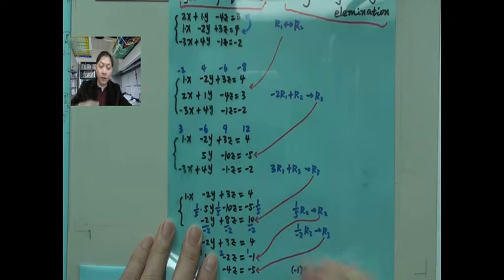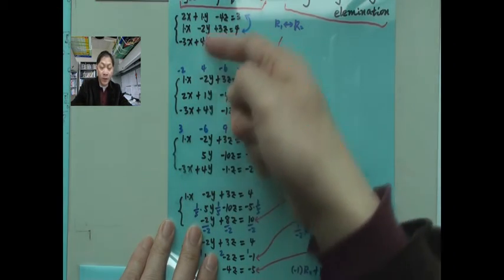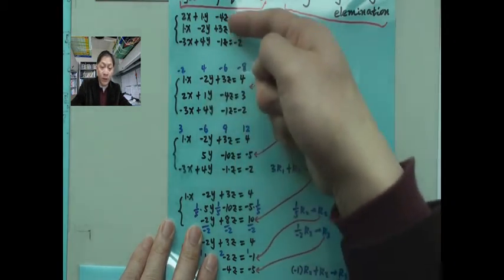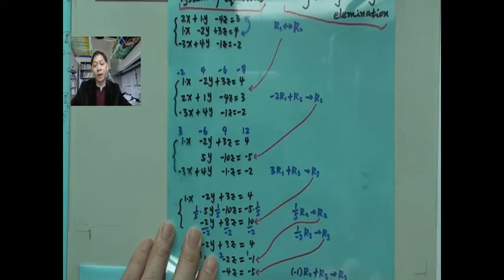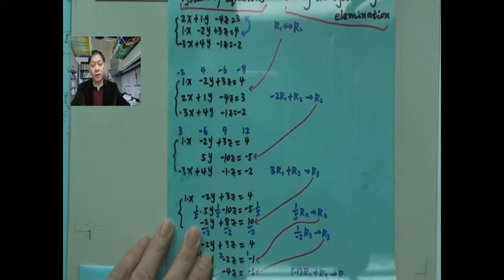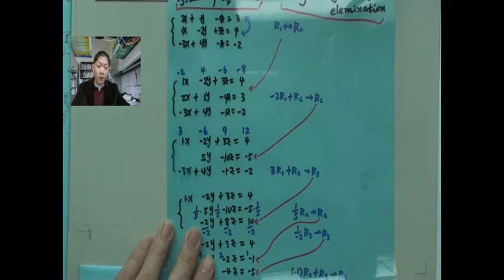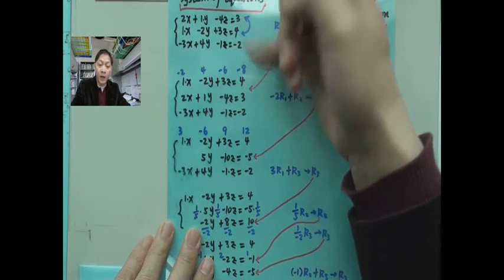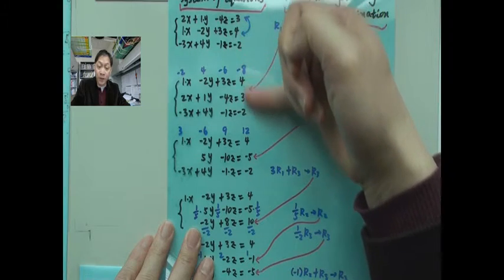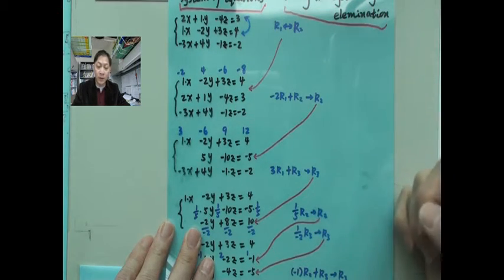But still remember the first column is x, second column is y, third column is z. Okay? I'm ready to do that. So remember, the equal sign is also taken away. Equal sign then constants. Constants are on the right hand side of the equal sign.